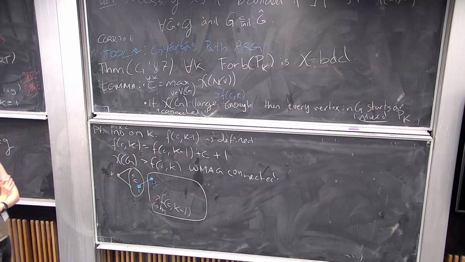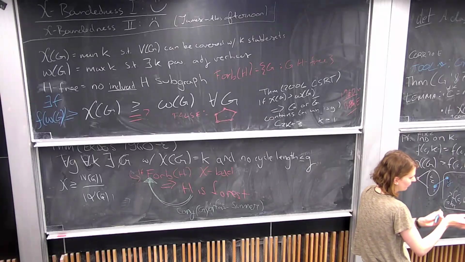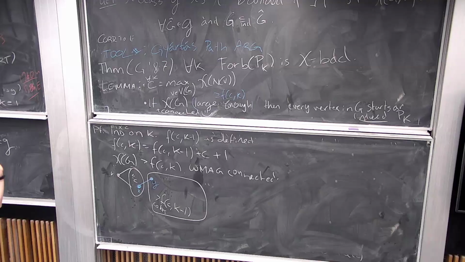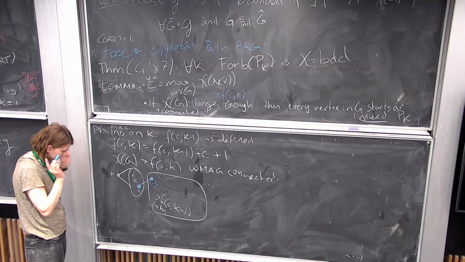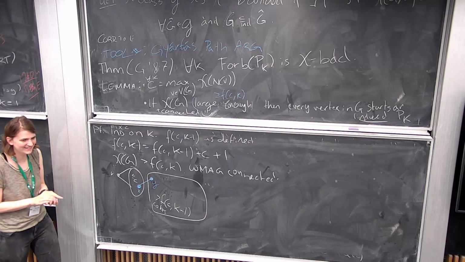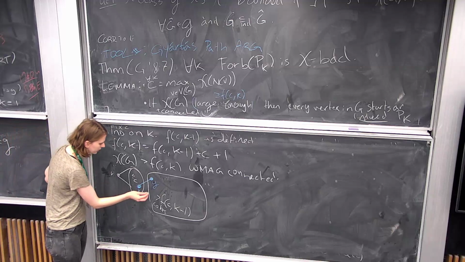We could have a degree 1 vertex, but then it still builds the path. Yeah, sorry. Good point. Isolated vertices do not tend to be the starts of long induced paths.